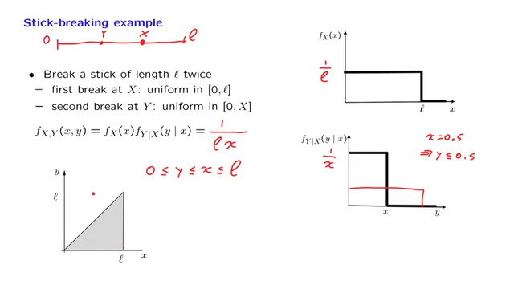X and y are less than or equal to L, and y has to be less than or equal to x. If you try to visualize the joint PDF, notice that since it only depends on x, not on y, if you fix a value of x and you look at the slice of the joint PDF, the value of the joint PDF is going to be a constant on that slice. On this slice, it's going to be another constant, actually a bigger one.